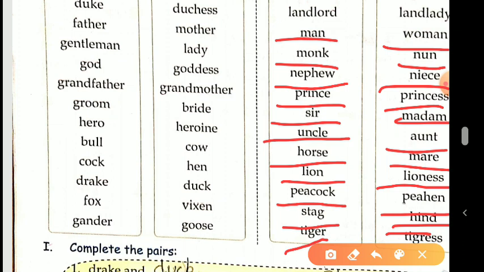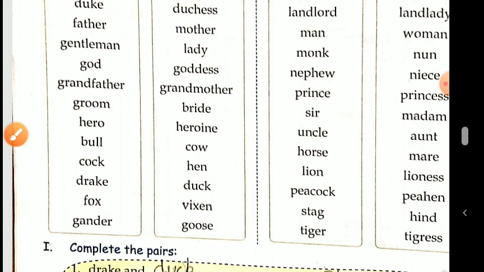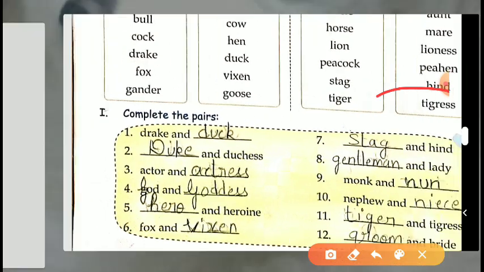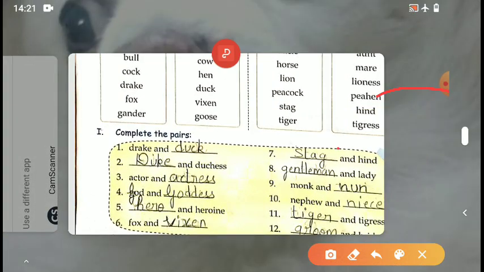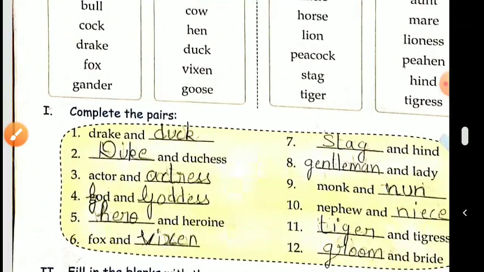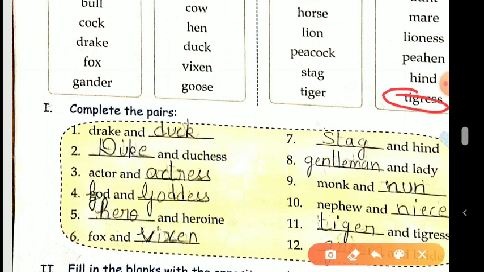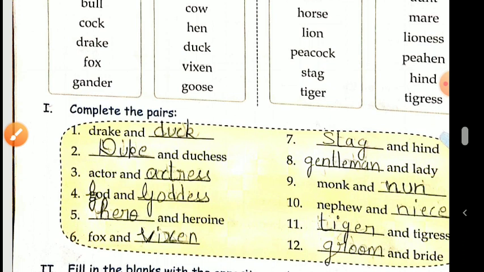Tiger, tigress. But remember, students, I often see you committing mistakes while writing the spelling of tigress. Just remember that R comes first.